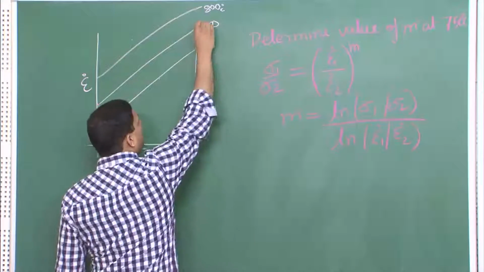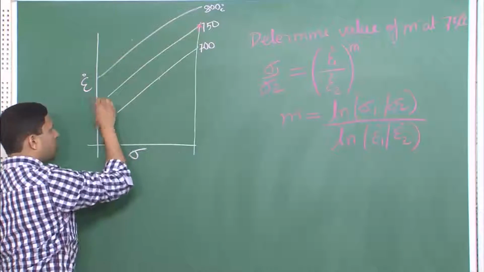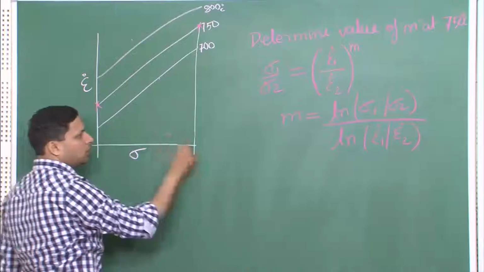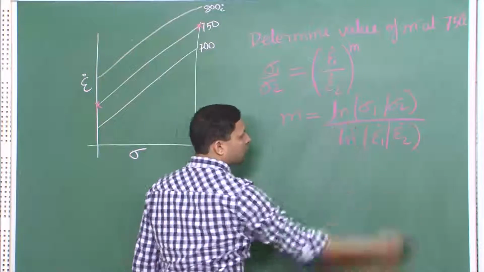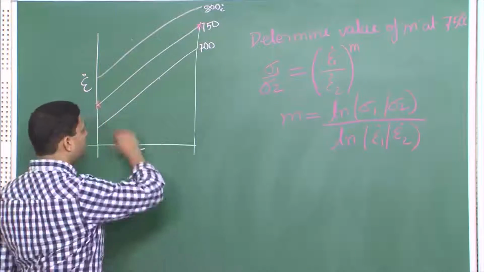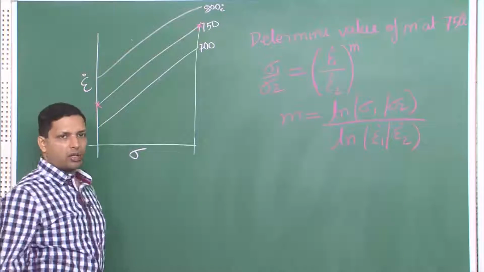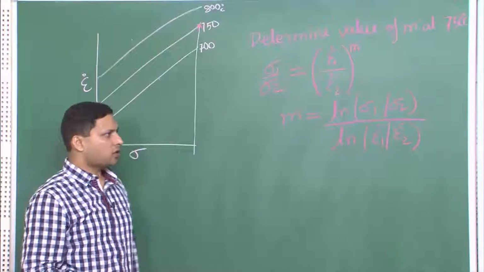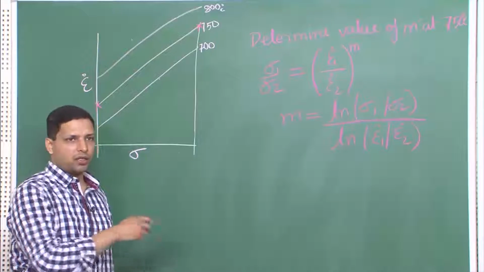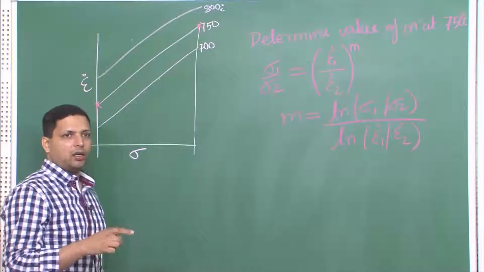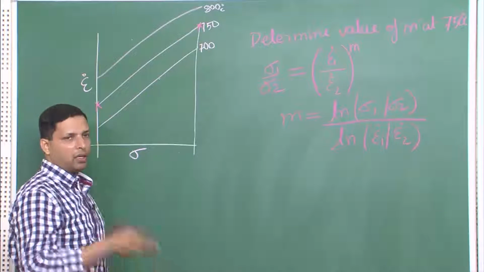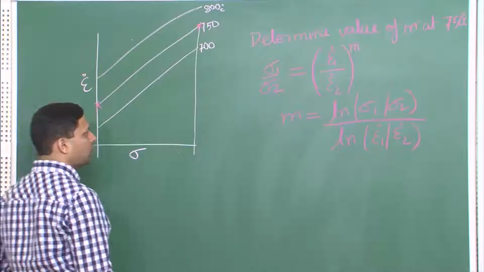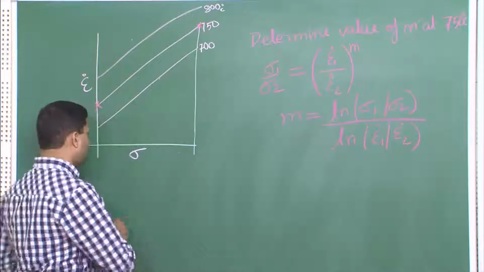Like I said, from this slope you have strain rate 1, sigma 1, strain rate 2, sigma 2. So, for that particular temperature you can get the m value. For as many temperatures as you have recorded data, you will have m values, and then you can even plot m as a function of temperature, and you can see that it increases slightly up to 0.5 Tm and then suddenly takes off after 0.5 Tm.